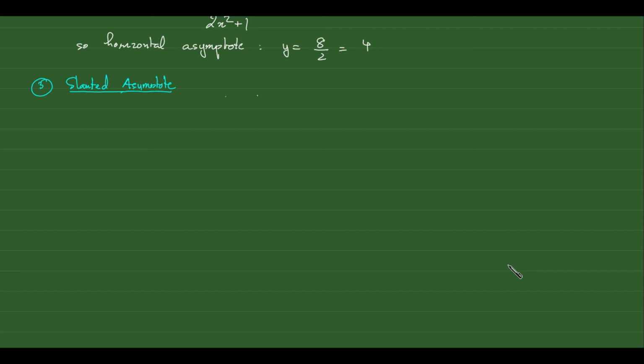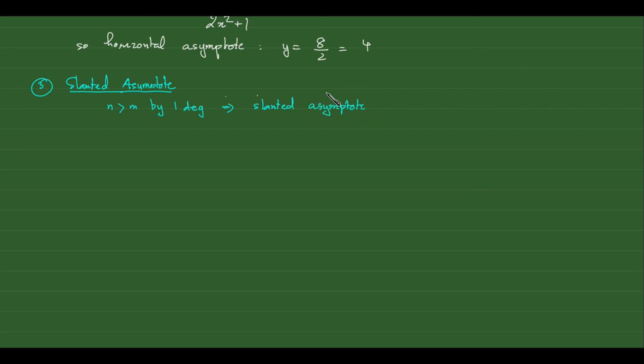Okay, so we know that if the degree on the top is greater than the degree at the bottom, we have a slanted asymptote. But not all the time. There's some condition. If the degree on the top, which is n, is greater than m by 1 degree only, then we have a slanted asymptote.